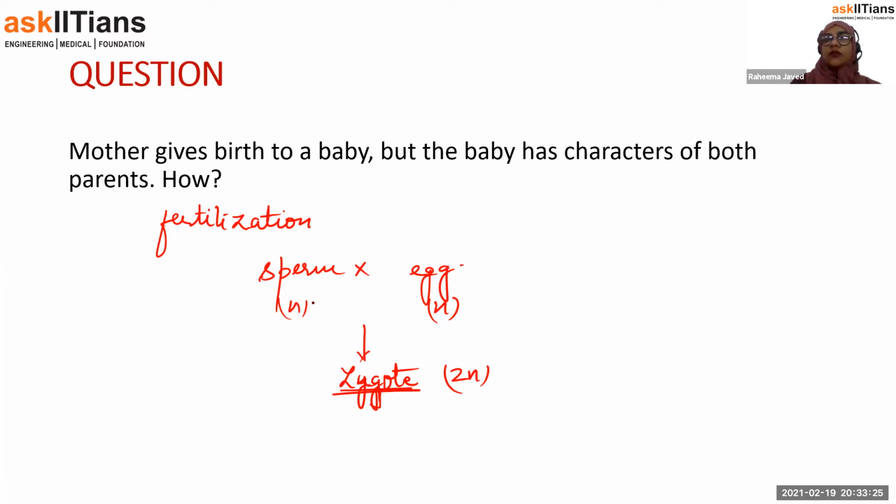So half of the chromosomes are from the sperm and half are from the egg. That's why the baby has characters of both the mother and the father.